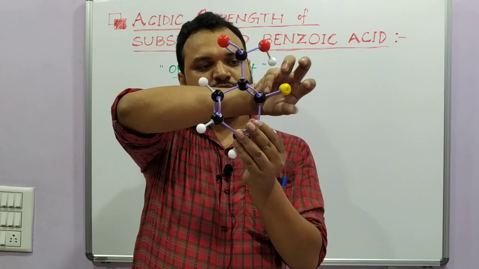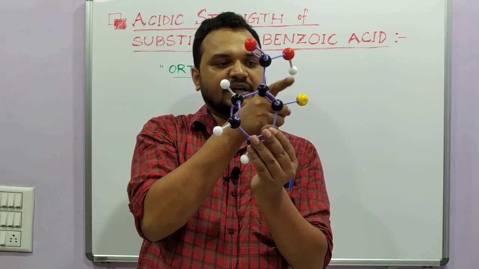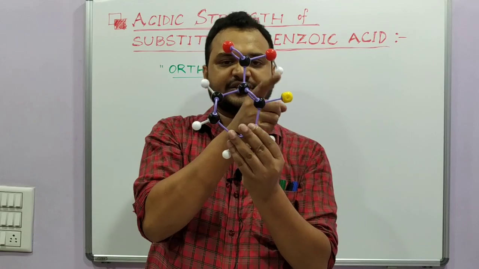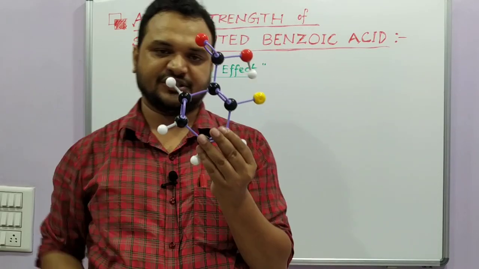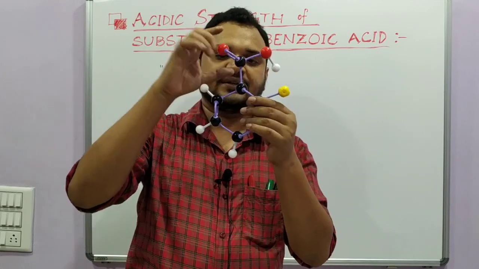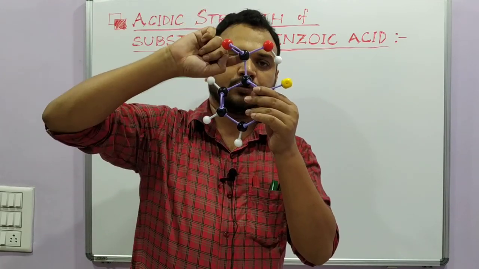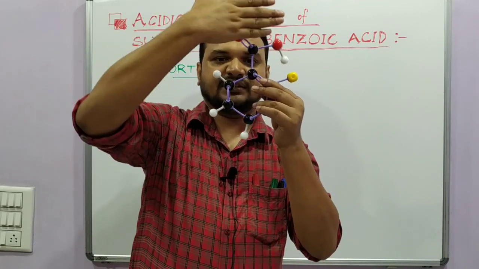If this one is also bulky and this COOH is also bulky, now there will be severe steric interaction. Now to avoid this steric interaction, what will happen? This COOH will go out of plane.